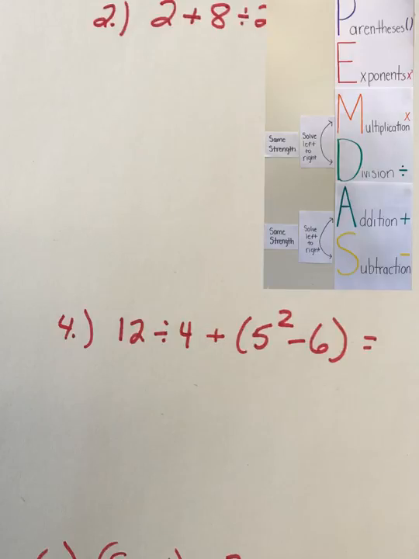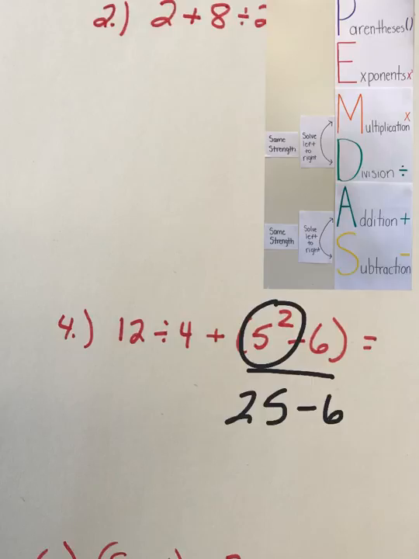For this one, we go through and we find the parentheses first. And that's 5 squared minus 6. So inside the parentheses there's 5 squared. So I have to do that one. That's 25 minus 6. And I'll rewrite 12 divided by 4 plus 25 minus 6.